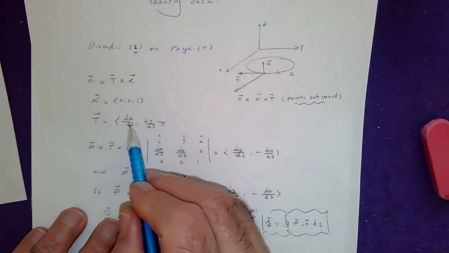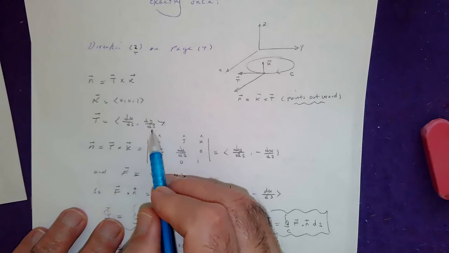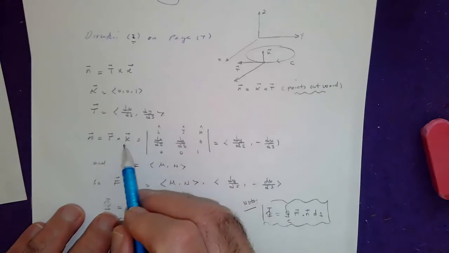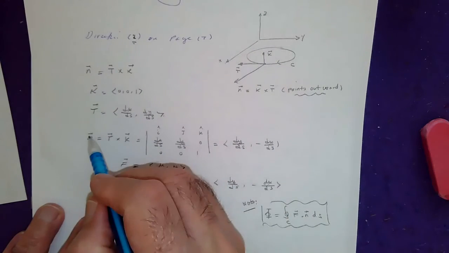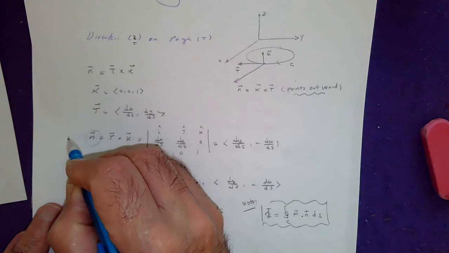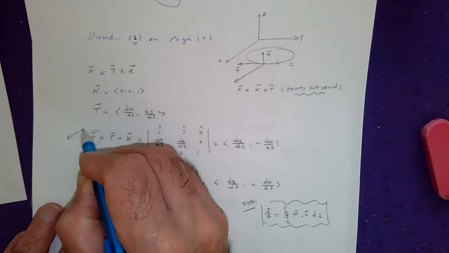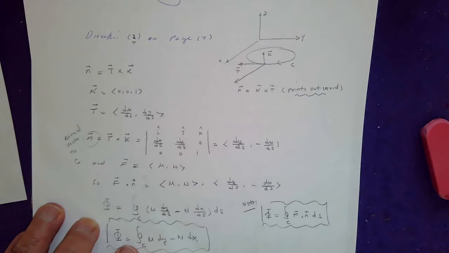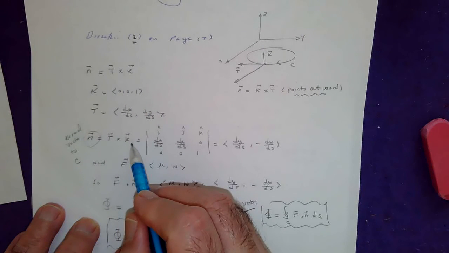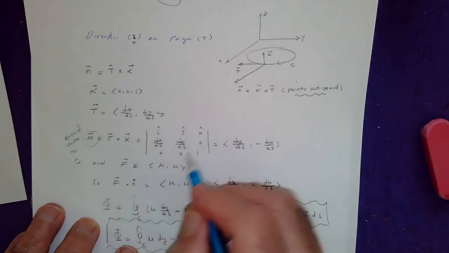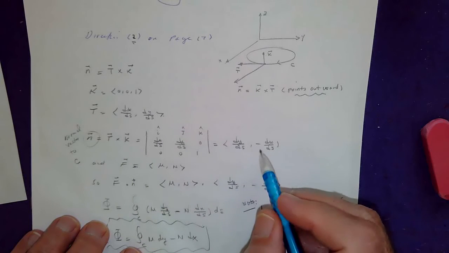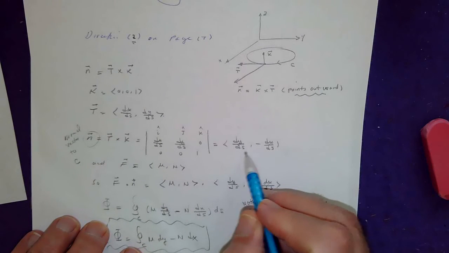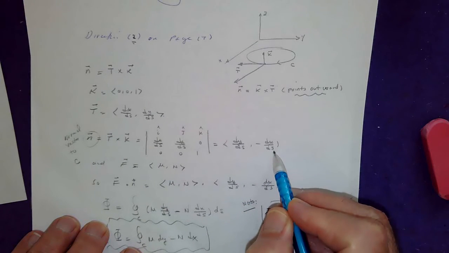Unit tangent was dx/ds, dy/ds. Now I have to take the cross product to find the normal vector. This is the normal vector to curve C, correct, which is t cross k. So do the cross product. You will end up with dy/ds, comma, minus dx/ds.